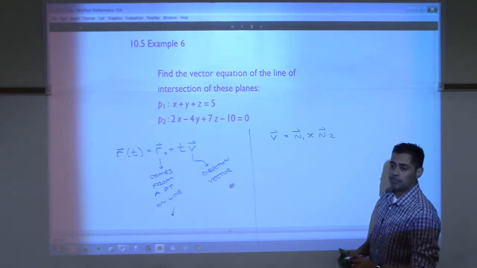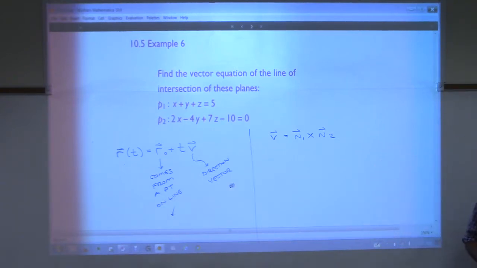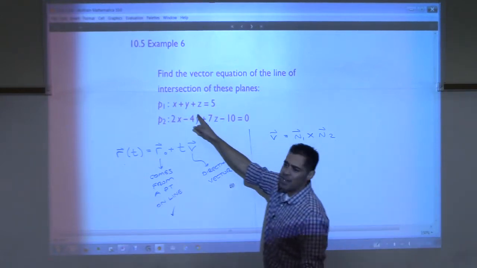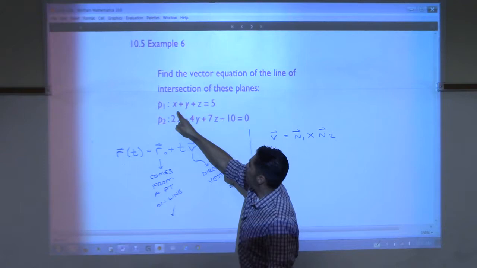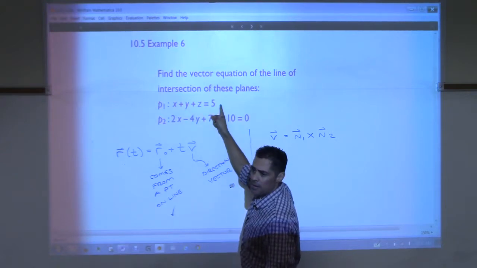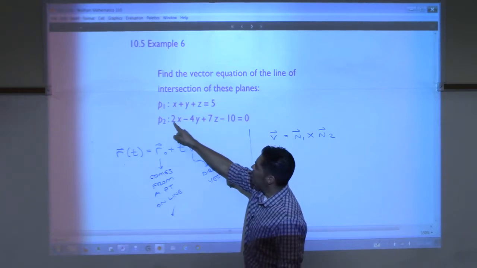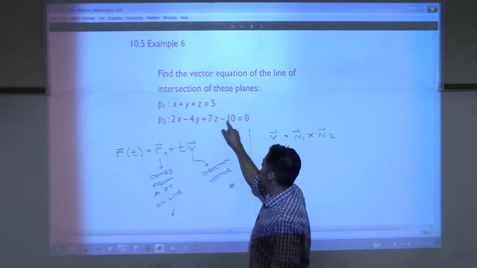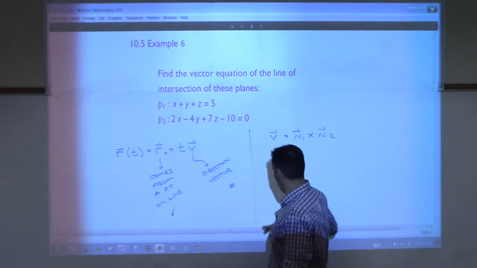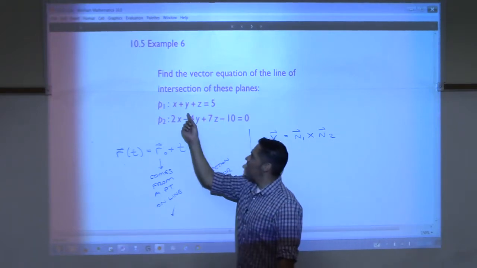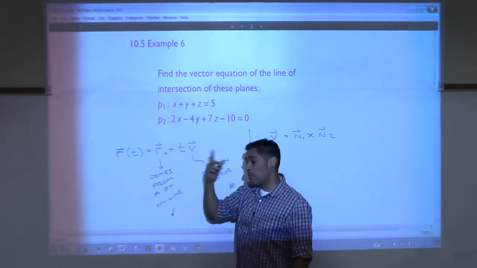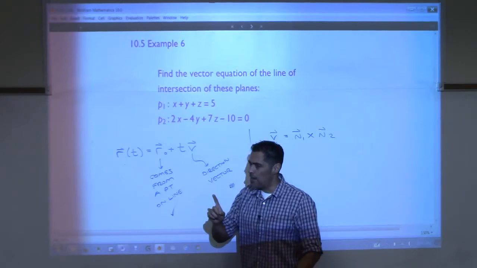How do you know the point we just found lies on the line that we're trying to find? Because it satisfies both of these equations simultaneously. So look, if you plug in 5, 0, 0, you get 5, right? And now plug in 5, 0, 0, you would get 10, 0, 0, minus 10 is 0, right? So that point is on both planes at the same time, right?